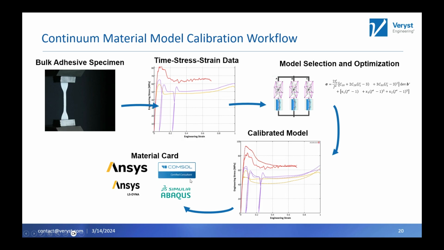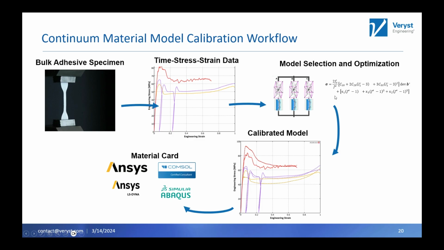And so this slide is just showing, once we have collected all of this test data, how do we turn that into an actual material model that we can use in our simulations? In some of our other webinars we talk about this in a little bit more detail, but generally speaking, the way it works is we collect this as time, stress, and strain data.